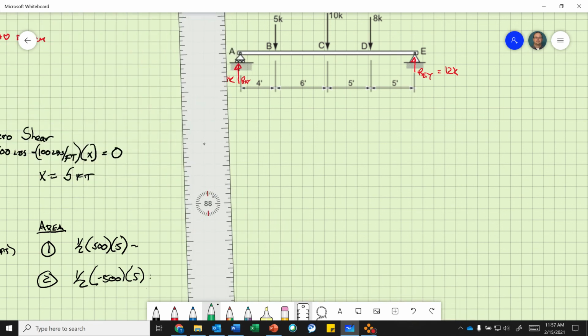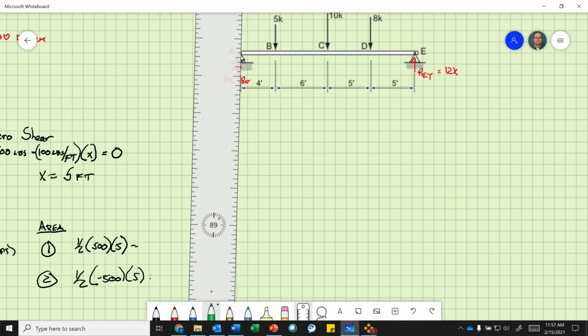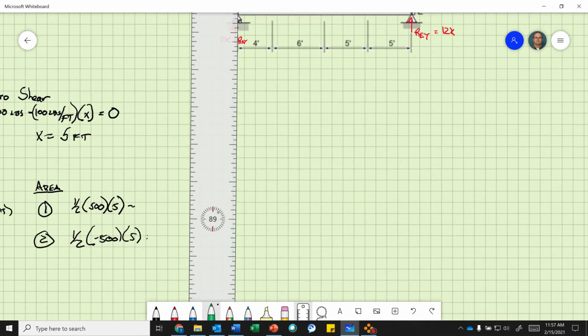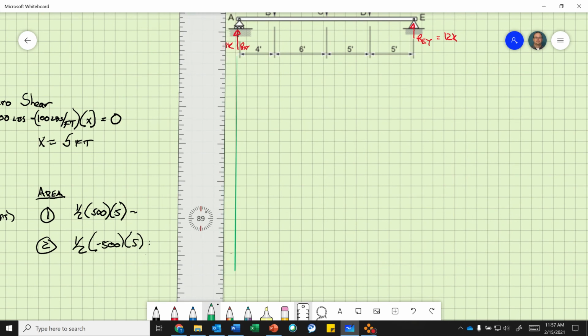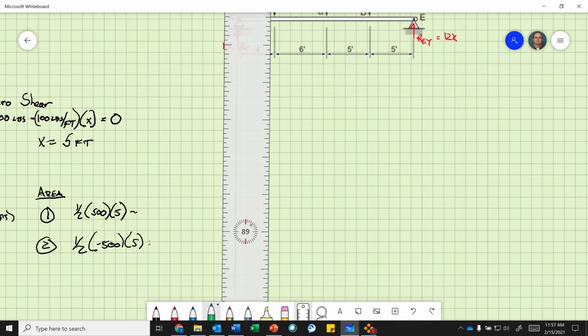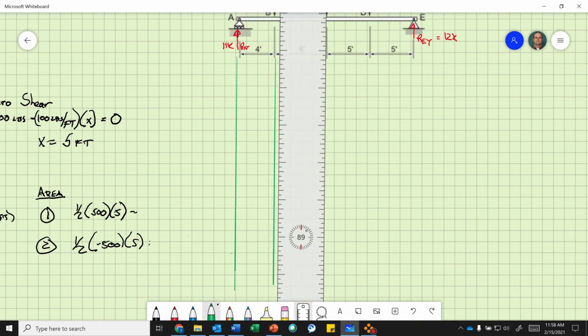So the beginning and end of each beam, okay? There's that. I'm just going to give myself a little more room here. Then we'll go back and forth so we can see each point load, right? This is why engineering paper works wonders.